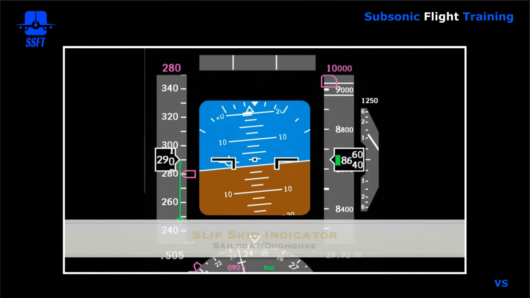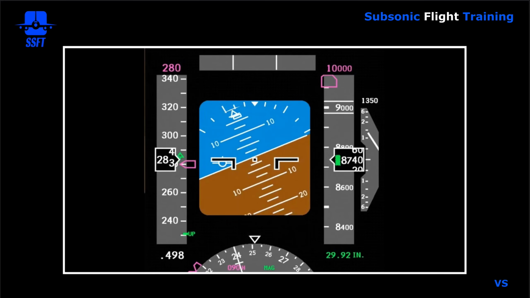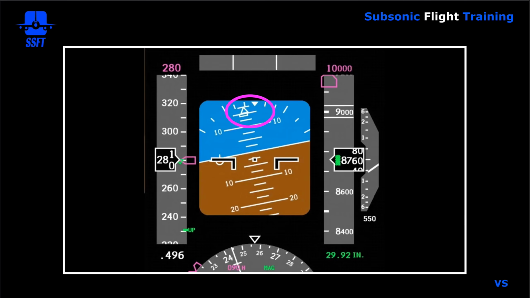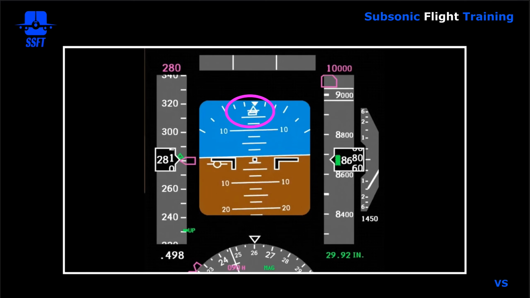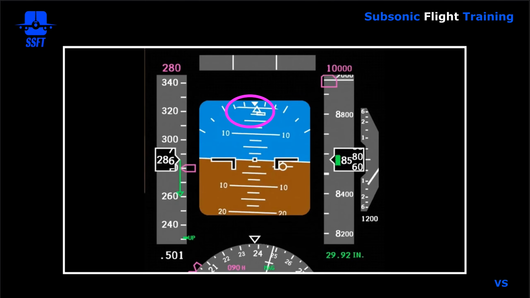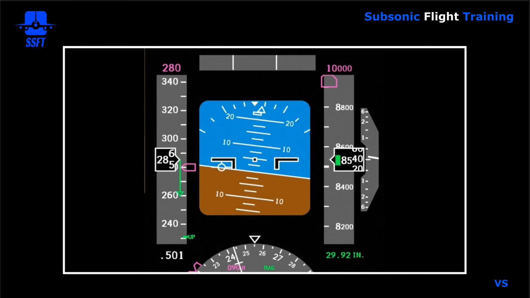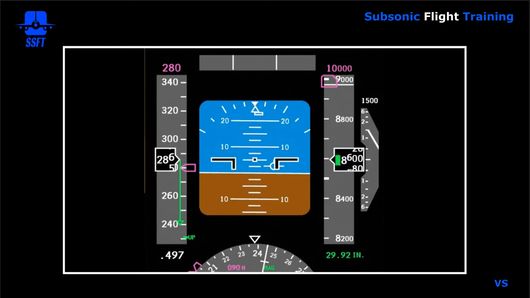The slip skid indicator is the rectangular box under the triangle at the top. And what I'm trying to do now is induce a slip and a skid by walking the rudder. I don't have rudder pedals, I just have a joystick, so what I'm doing is twisting the joystick to move the rudder, since I don't have a rudder pedal setup.